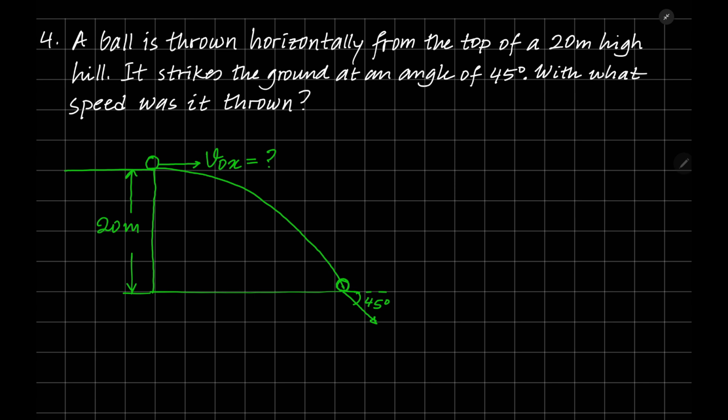We use the formula again. Height is equal to vertical component of the velocity times flight time plus 1/2 g t square.